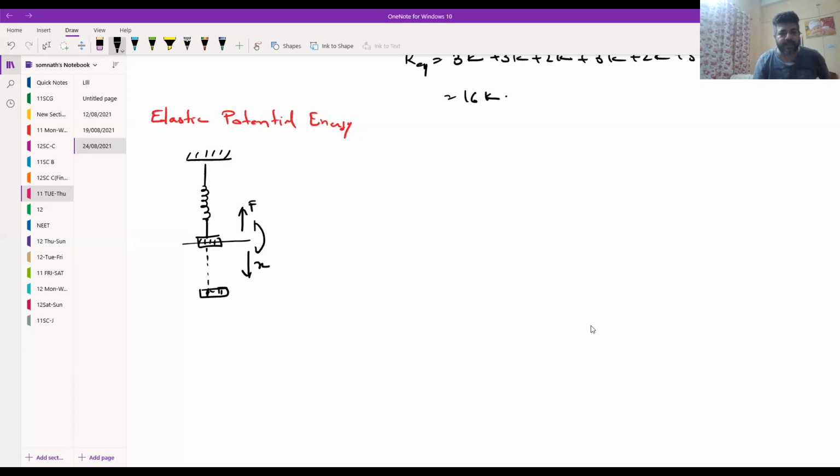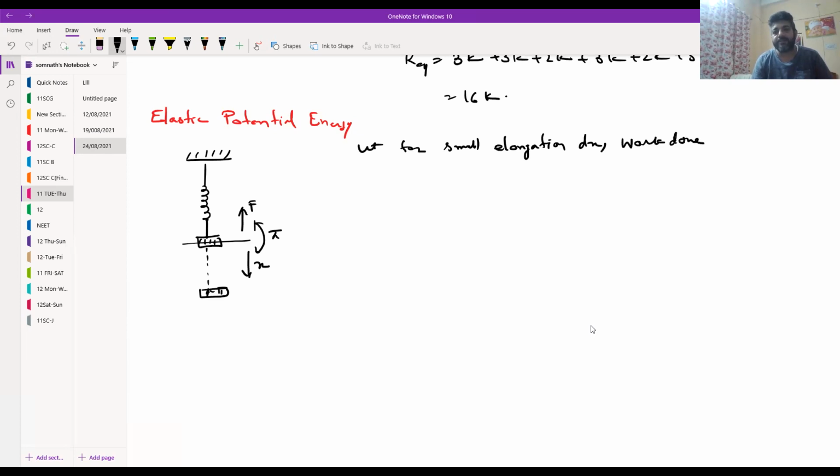So what is the angle between them? 180 degrees. So let for small elongation dx, work done.